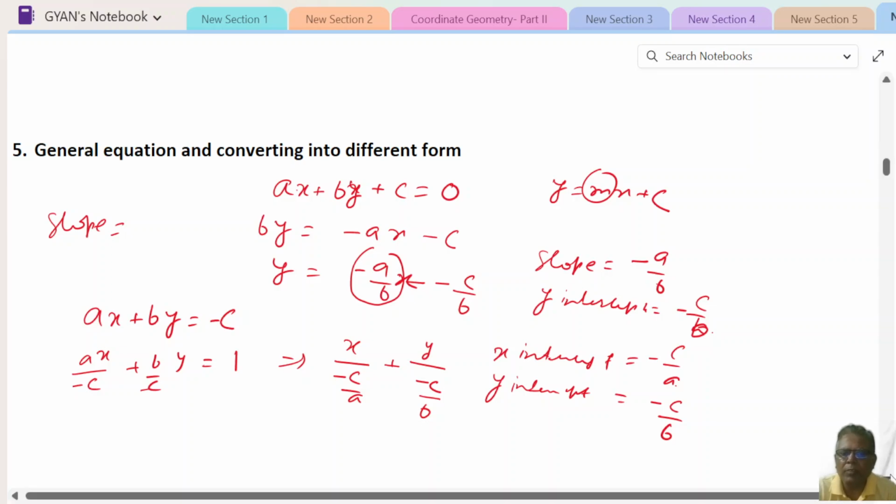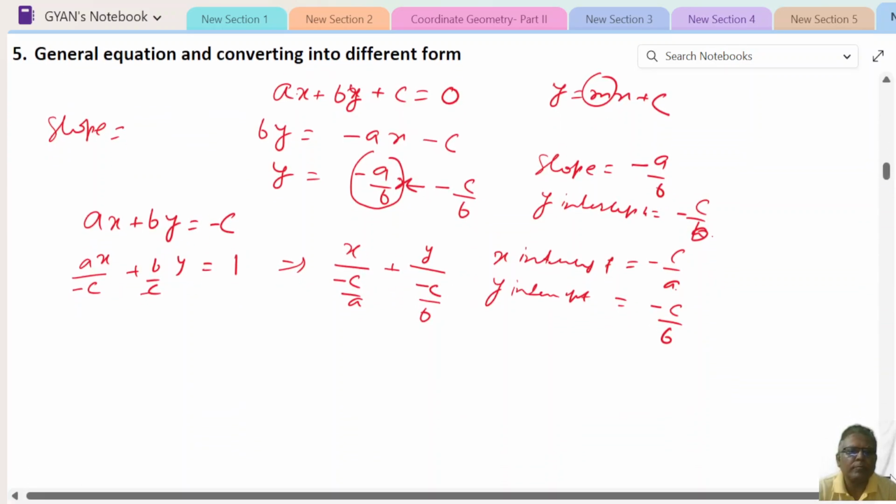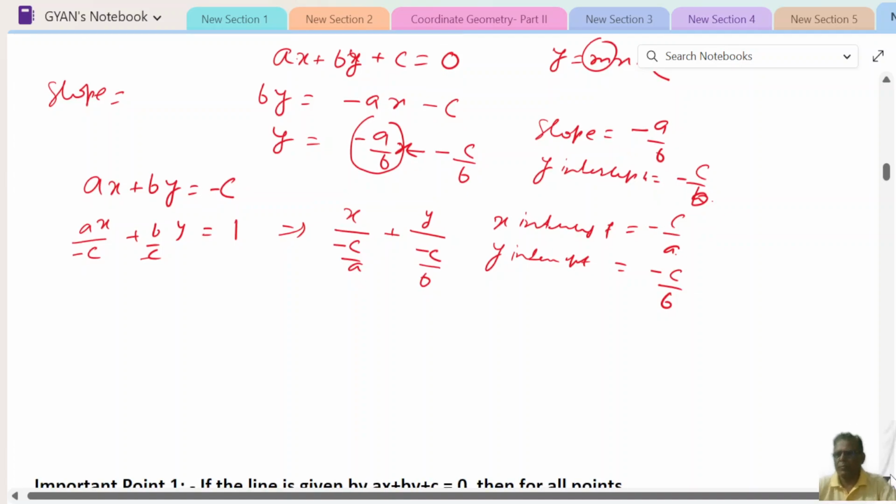So this way you can find the x-intercept and y-intercept.